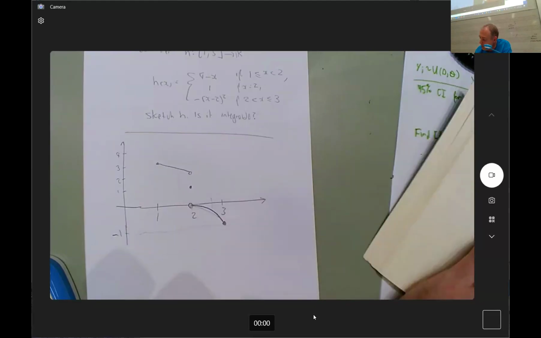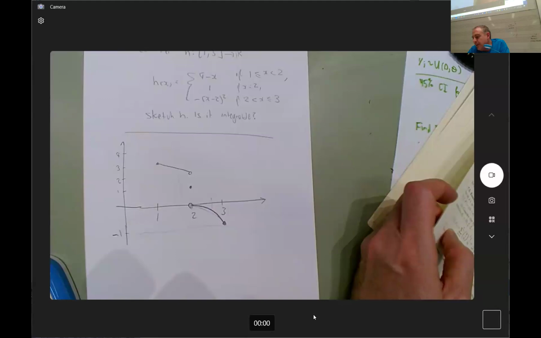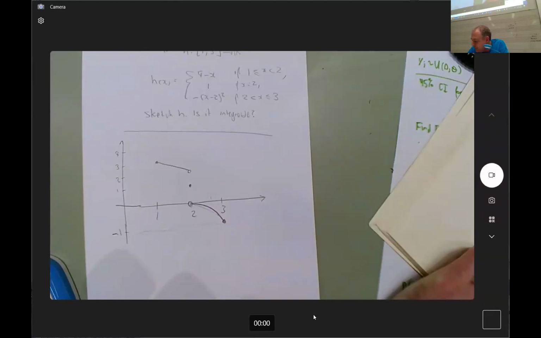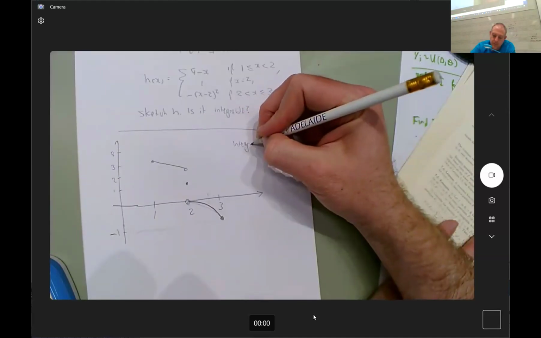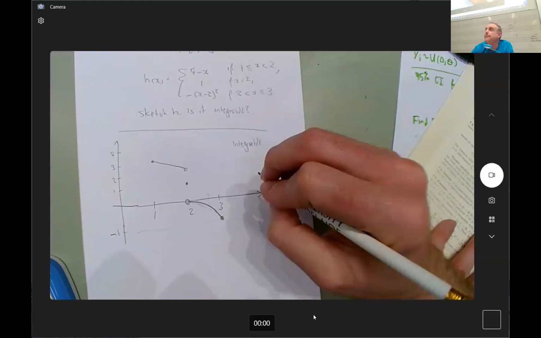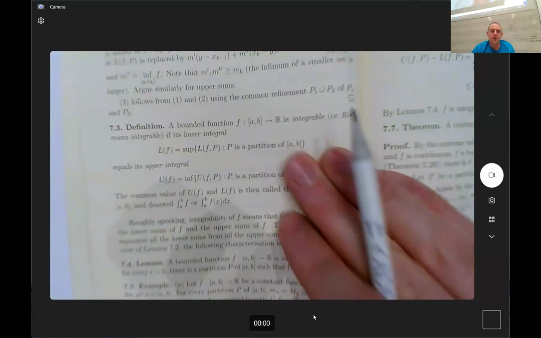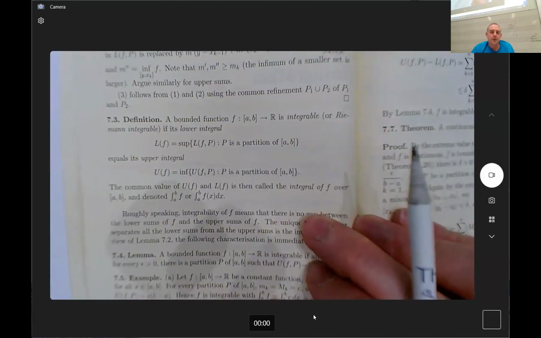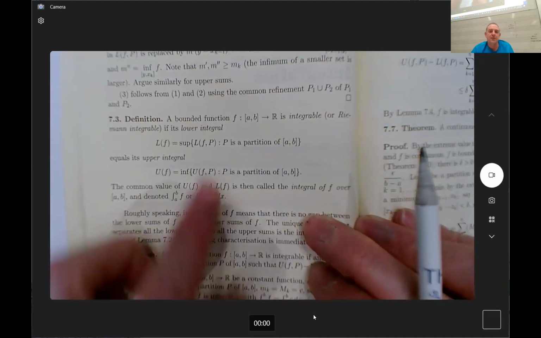And the lower integral is the supremum of all the lower sums. Yep, this is Finner's book. It's integrable if those two things are the same.